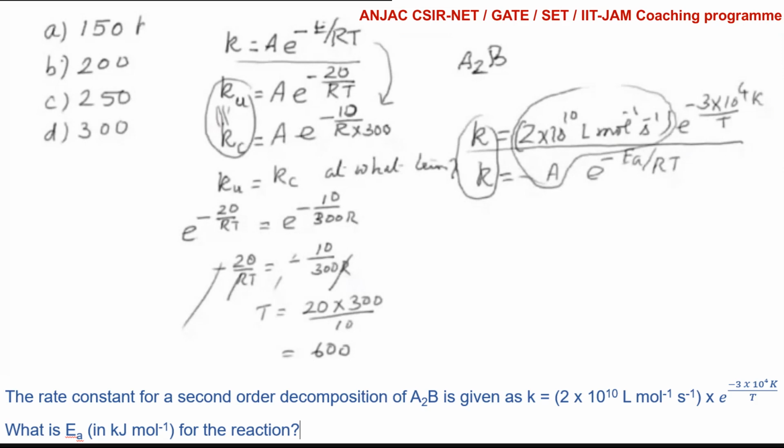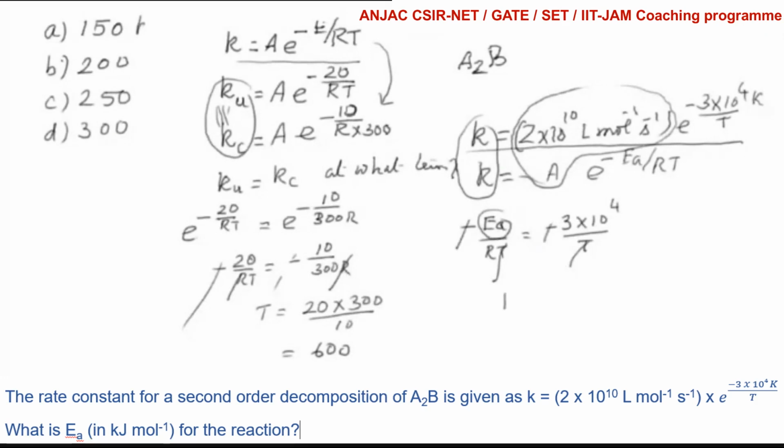Therefore, now you have the equation: minus EA by RT is equal to minus 3 into 10 power 4 by T. You are asked to calculate EA. This T and this T cancel, minus and minus cancel.